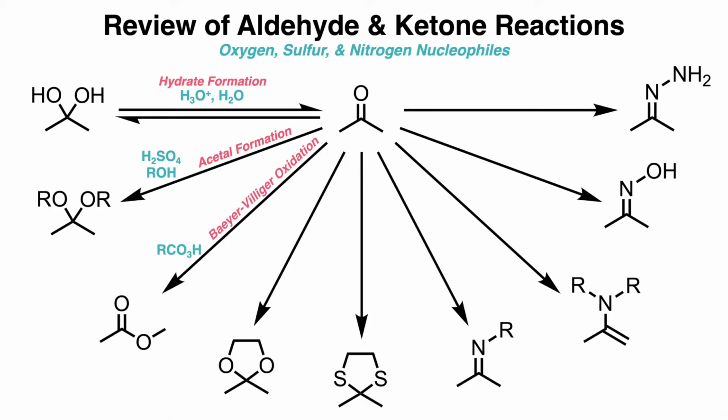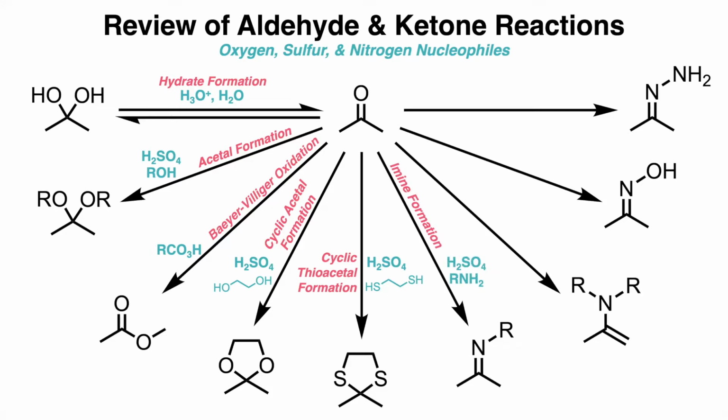Baeyer-Villiger oxidation of a ketone or aldehyde could occur with a peroxy acid like RCO3H to form an ester or carboxylic acid. Cyclic acetal formation could occur to protect an aldehyde or ketone using H2SO4 and ethylene glycol. A cyclic thioacetal could be formed using a dithiol and H2SO4.